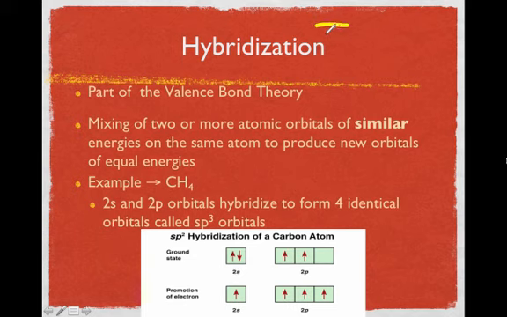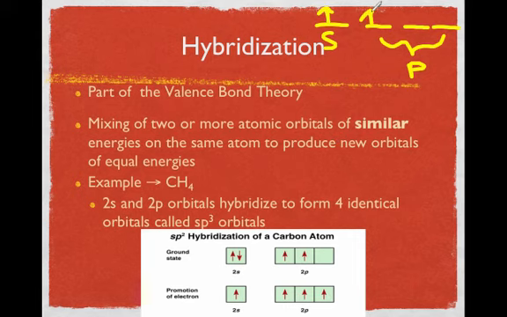So this is S, and these were P. You're looking at the central atom. How many electrons are on the central atom? How many valence electrons? 4. So we're going to fill 1, 2, 3, and 4, instead of filling the S first and then the P.